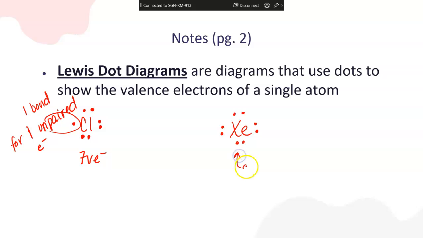So this idea of going to 8, we're going to touch on more in the next set of notes, but this is our octet rule, that elements will form bonds in order to have 8 around them. Can you think of one that might be an exception to that rule, though? Hydrogen. That is the most obvious one.